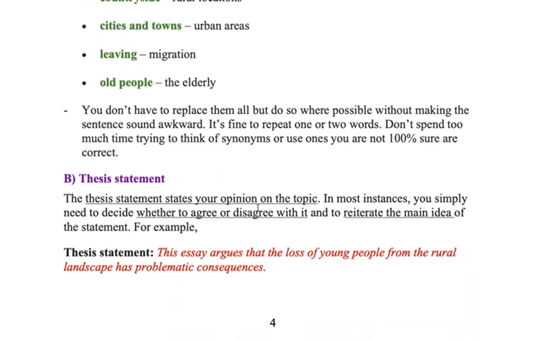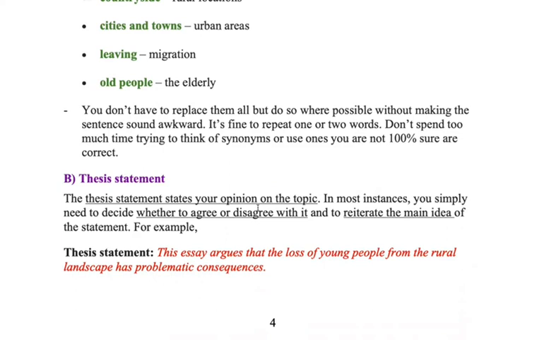For instance, "This essay argues that the loss of young people from the rural landscape has problematic consequences." Again, here we are talking about the younger generation, the young people, when they moved from rural to urban.